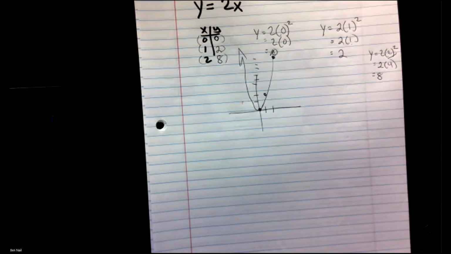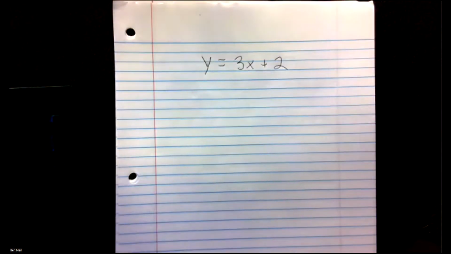In 3-2, they transition, and it's really just some naming stuff. So the equation y equals 3x plus 2. This is a linear equation. Sometimes they will change the way they write this.